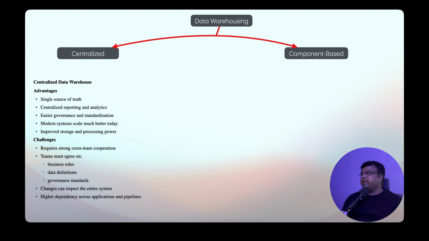However, there's obviously a catch. A centralized warehouse requires a high level of cooperation across the organization, just like I talked about earlier. Different teams have to agree on definitions, business rules, governance standards, and how data should be managed. And as you can imagine, that is not always easy.